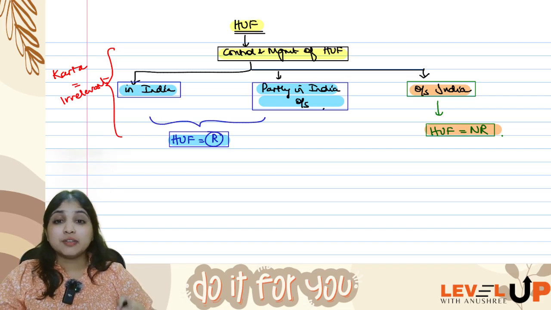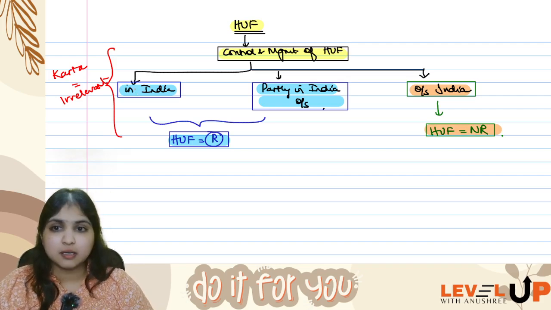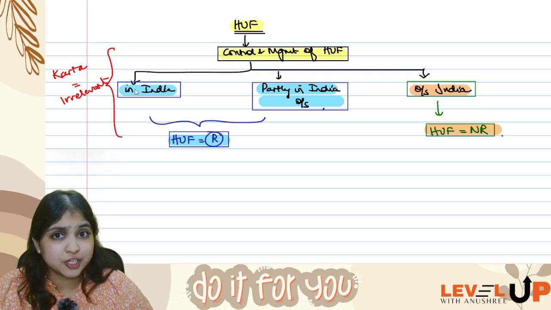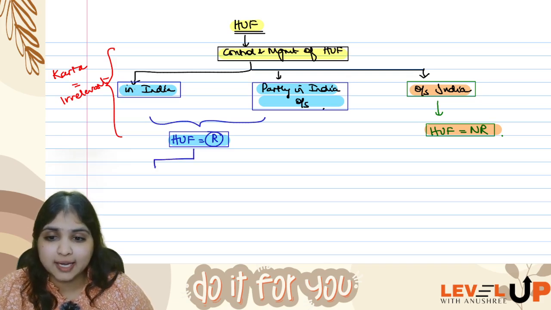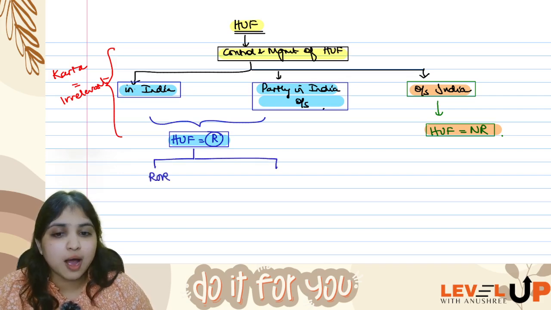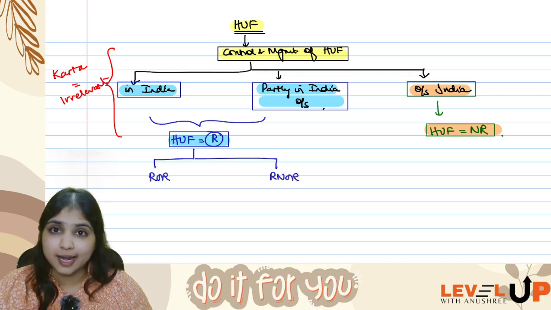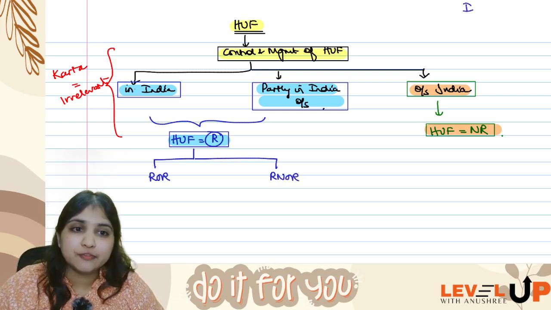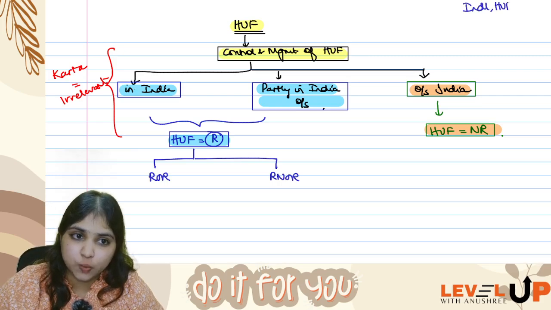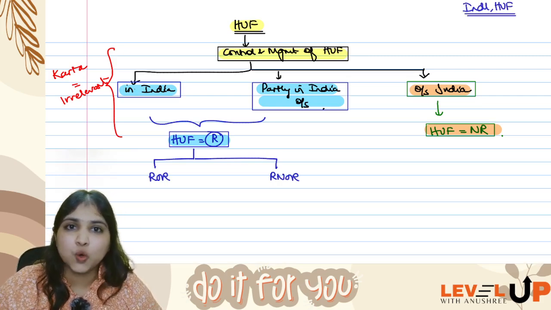Now see, if the HUF happens to be a resident, we don't end our answer over here, right? We go ahead and check whether this resident HUF is an ROR or an RNOR. See, only for individuals and HUFs, we have this concept of ROR and RNOR.